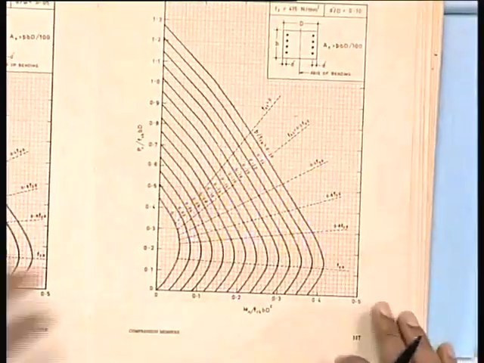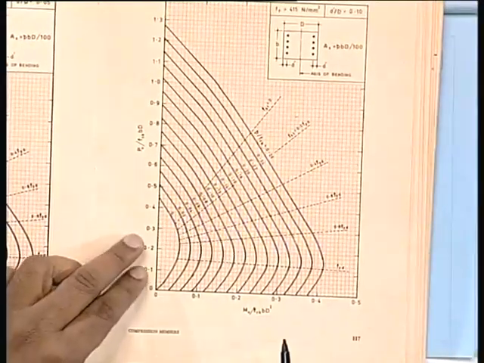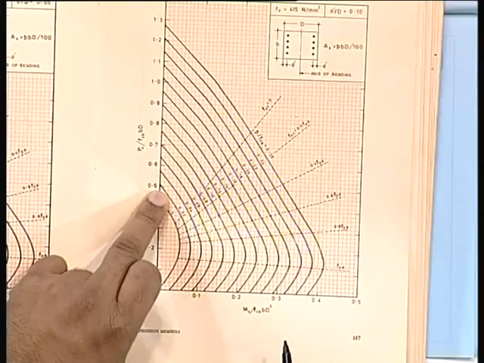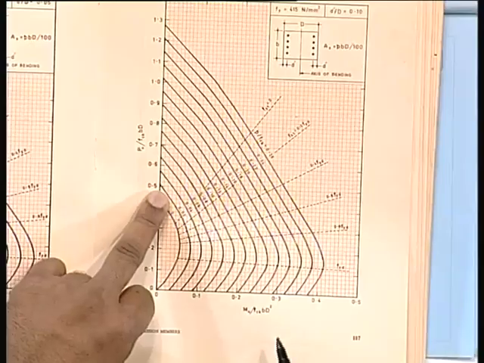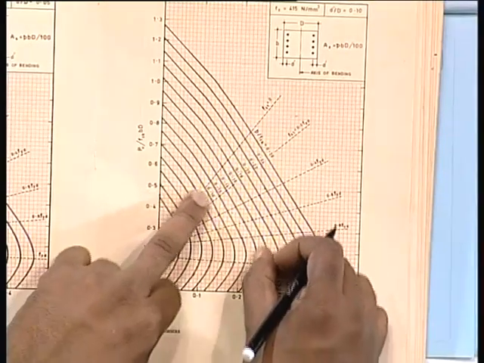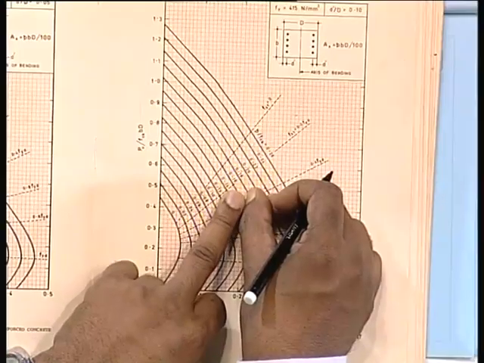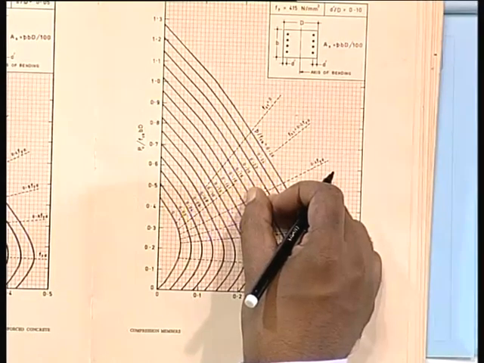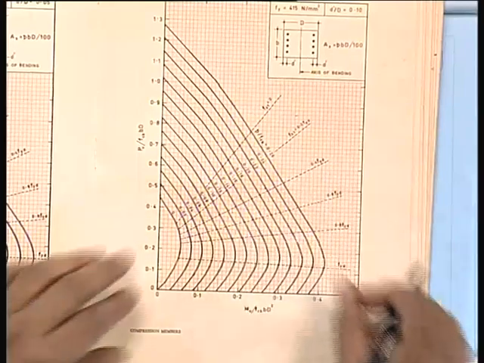So, we can find out 0.5, this is 0.5, and we have 0.26. So, 0.26 is somewhere here. Wherever it cuts, that value we have to take as P by FCK.